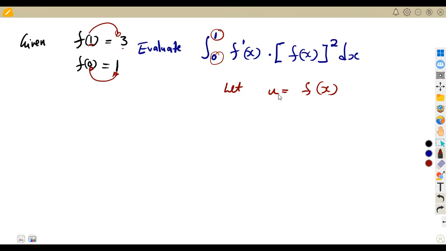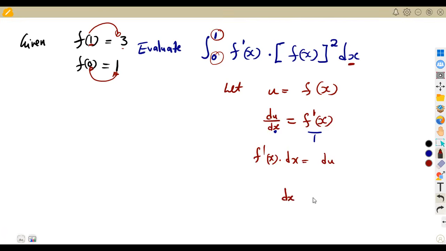You find the derivative of u with respect to x, because you're using substitution and you need dx. So if we find the derivative of f of x, that's f prime x. Then we are supposed to make dx the subject. This is the same as over 1, cross multiply. That means f prime x times dx is equal to du. To find dx, divide by f prime x.